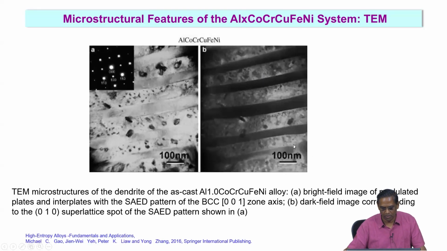That means whatever is appearing bright belongs to that ordered structure. That's what it means, right? Because you are choosing the superlattice reflection. So whatever appears bright here corresponds to that superlattice microstructure. That's what it means, right?